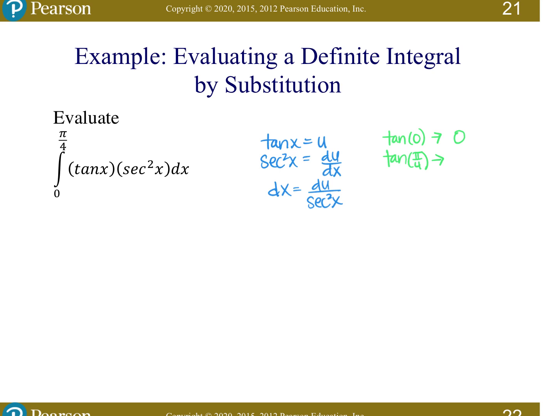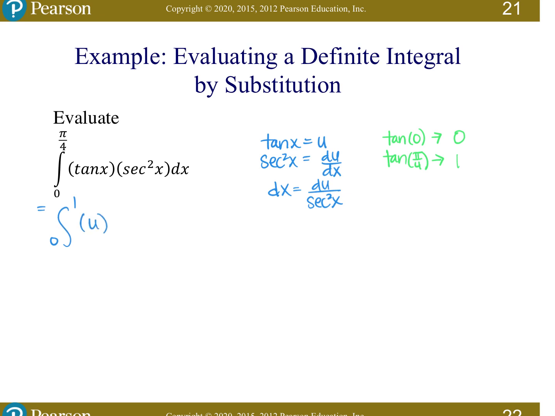And the tangent of pi fourths is the same thing as the sine over cosine of pi fourths, which is 1. All right, so our original problem now becomes, instead of 0 to pi fourths on the x-axis, it'll be 0 to 1 on the u-axis.